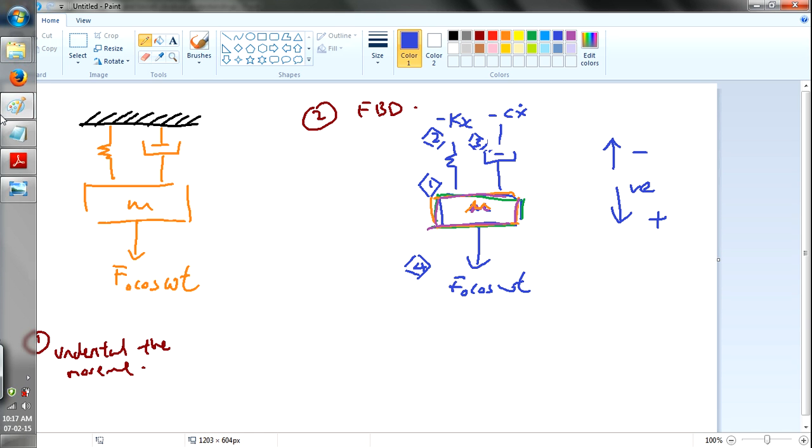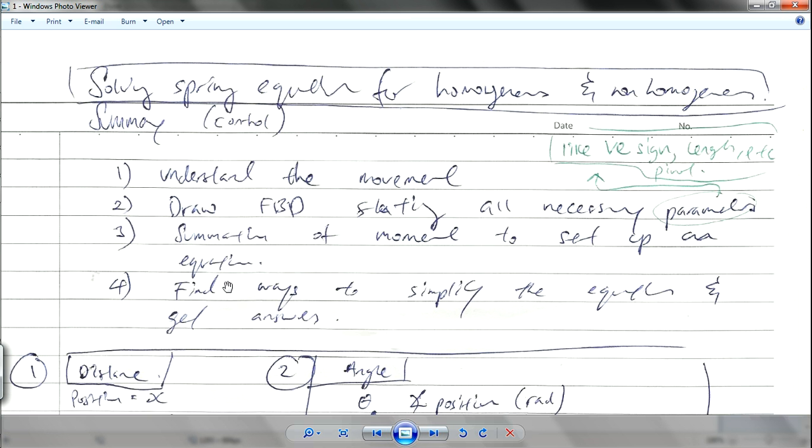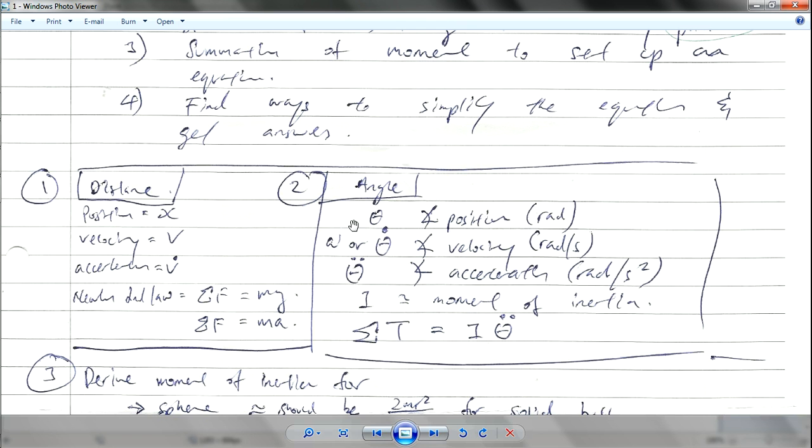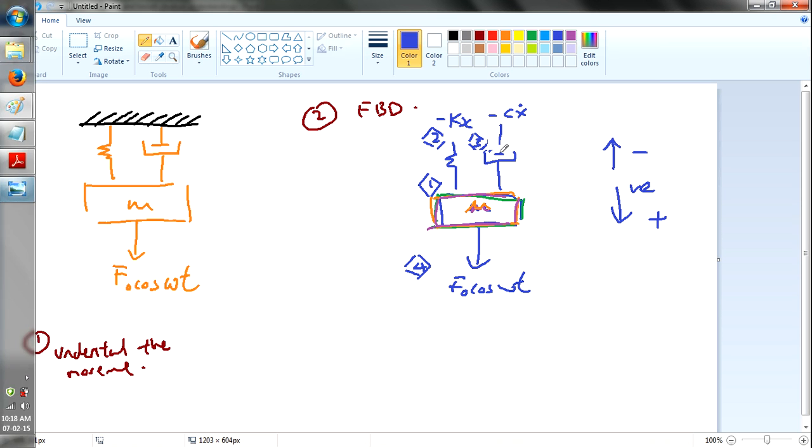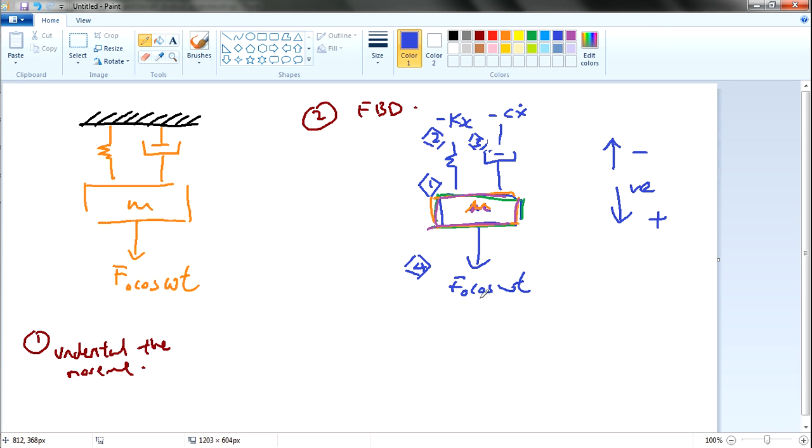So the next step is to use summation of forces to set up an equation. As you can see, we are dealing with position, velocity, and acceleration. We are dealing with F equals ma. Do we have any angles? We have no angles. You can say cosine is an angle, but cosine is just a forcing function.